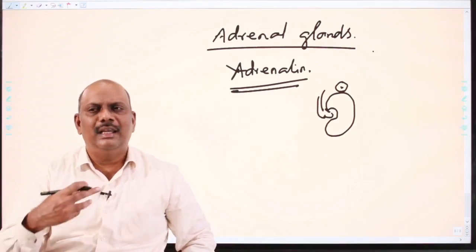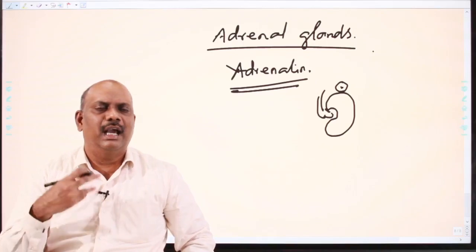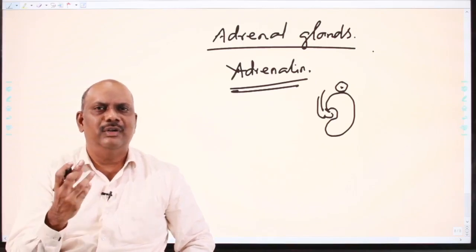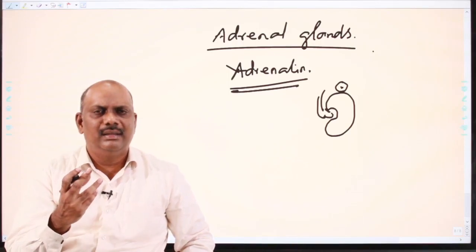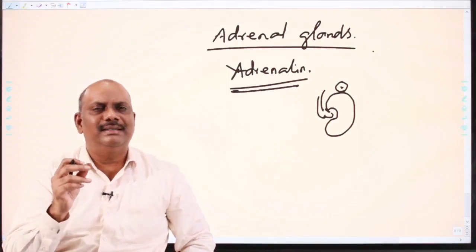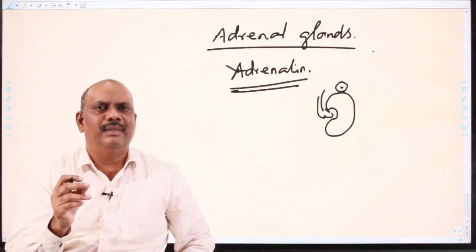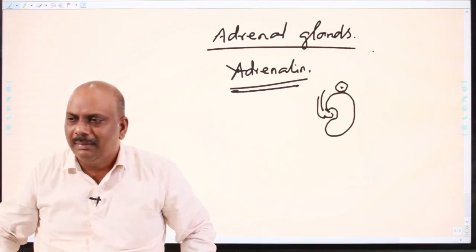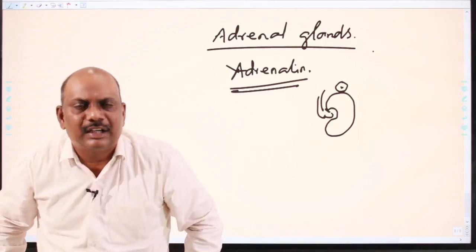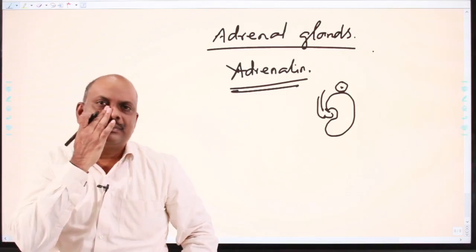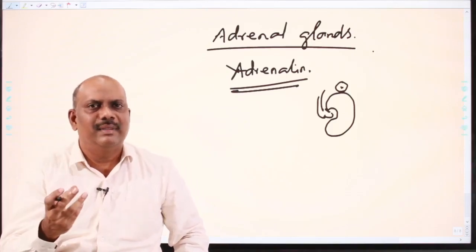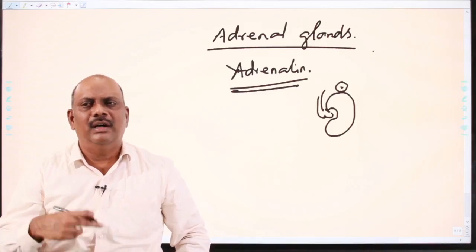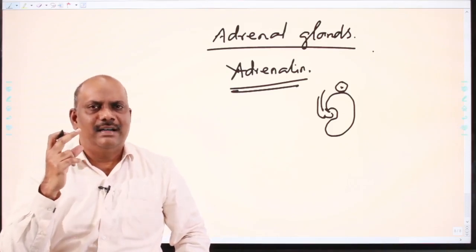A cell in the pancreas is capable of synthesizing insulin because the genes responsible for the synthesis of insulin are activated only in the pancreas. The genes responsible for the synthesis of adrenaline are activated only in the cells of the adrenal glands.